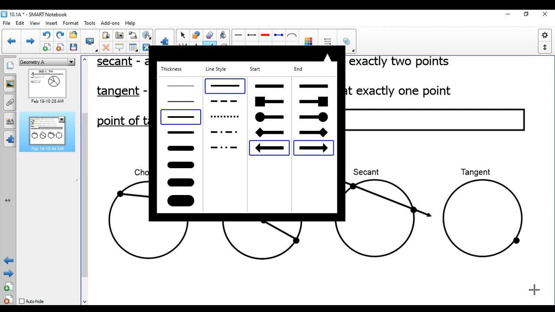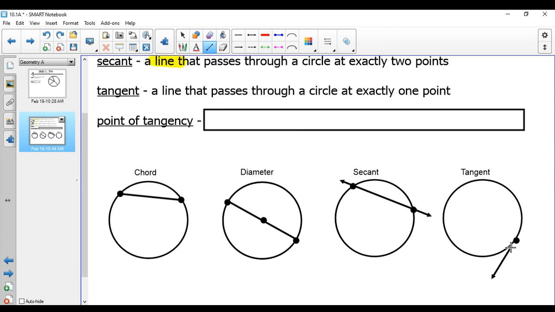So in order to do that, we can draw a line that only hits the circle once. So it's going to look something like that. So obviously the difference is that a secant hits the circle twice, and a tangent hits the circle only once.